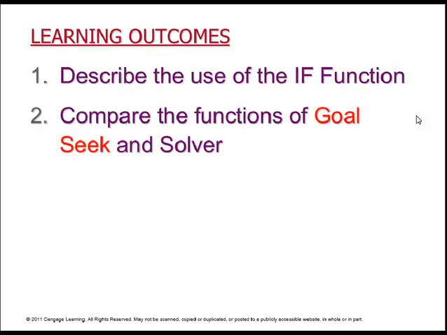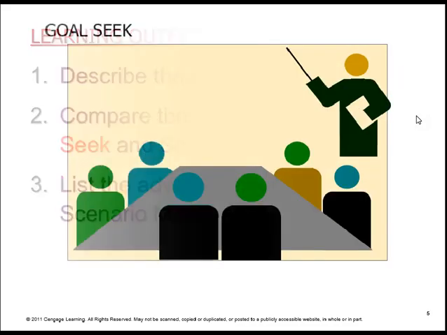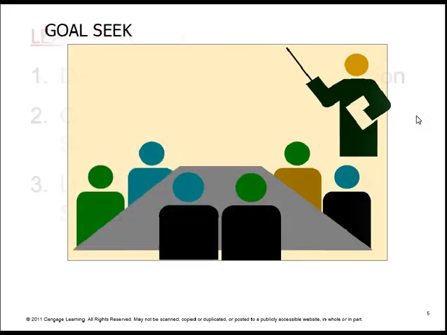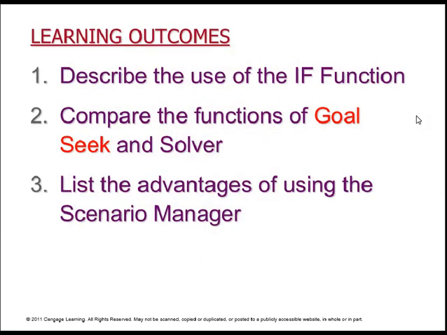Next we'll look at goal seek, and then also we'll look at solver. But first we'll look at goal seek. Goal seek is an analytical function which allows a value in a formula to be adjusted in order to reach a desired result or answer.